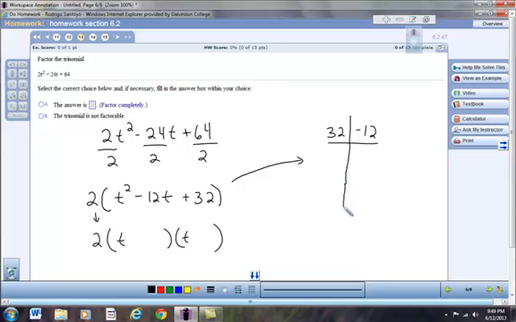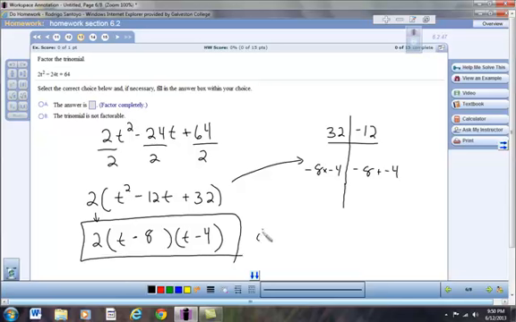So after doing some work, you will see that negative 8 times negative 4 gives us 32. And if we add both of these two, we get negative 12. Which means in here, we'll put a negative 8. Right there, we'll put a negative 4. Now once again, make sure to check by foiling.